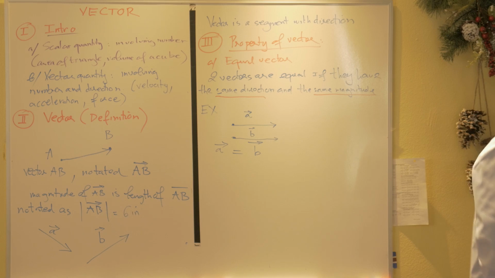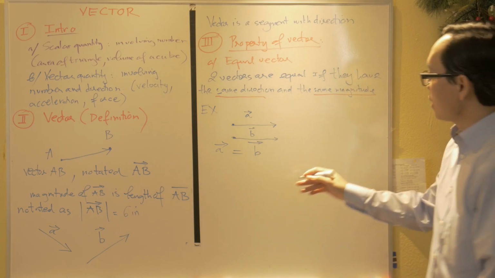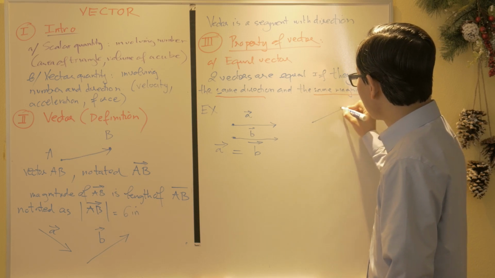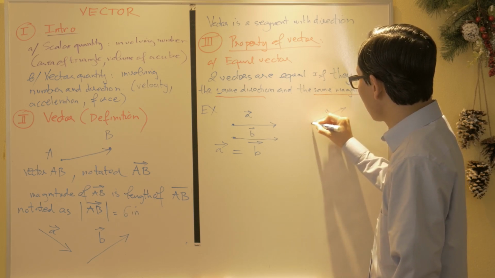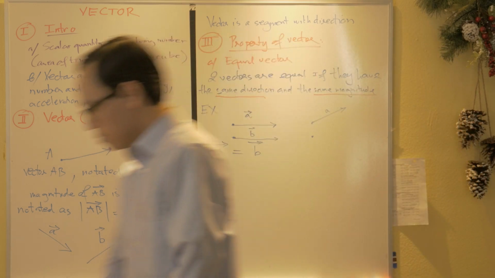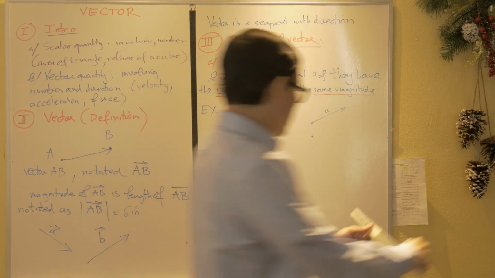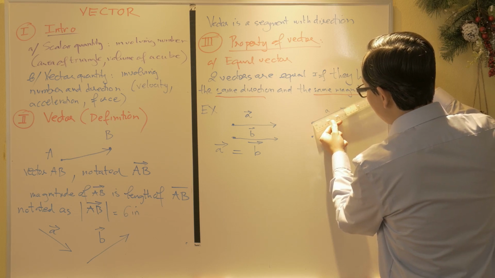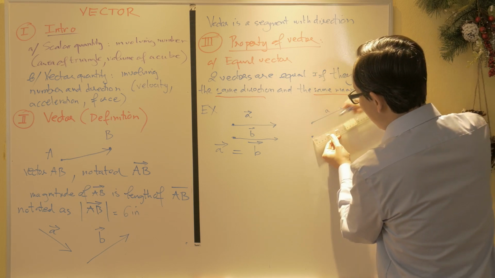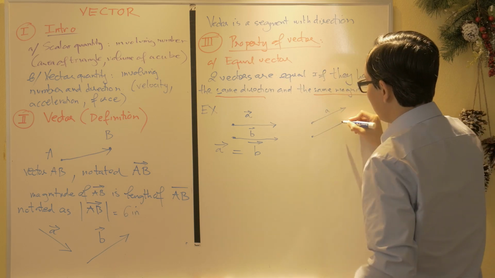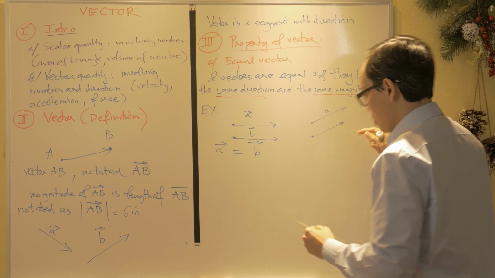How about like this? I have a vector A that looks like this, and I have a vector B. I measure the magnitude of vector A, and I say this is 4.5, and I draw another vector that is 4.5 also.